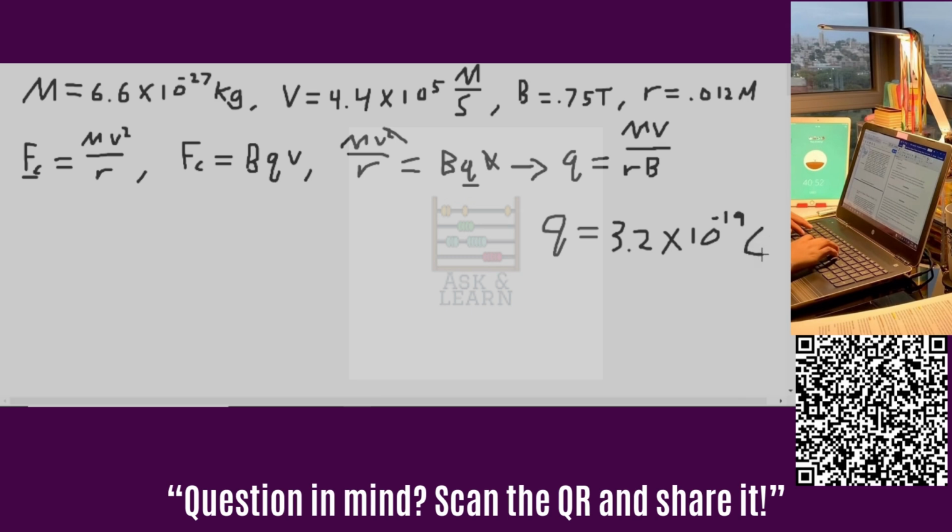This is in coulombs. We know that an electron's charge is 1.6 times 10 to the minus 19th, and this is exactly double that. So it's exactly 2 times the charge of an electron, with a plus in front of it, because electrons and protons share the same magnitude of charge.